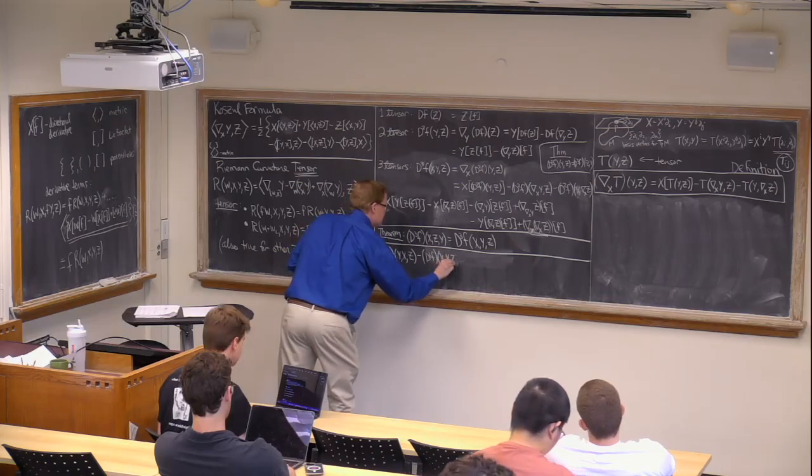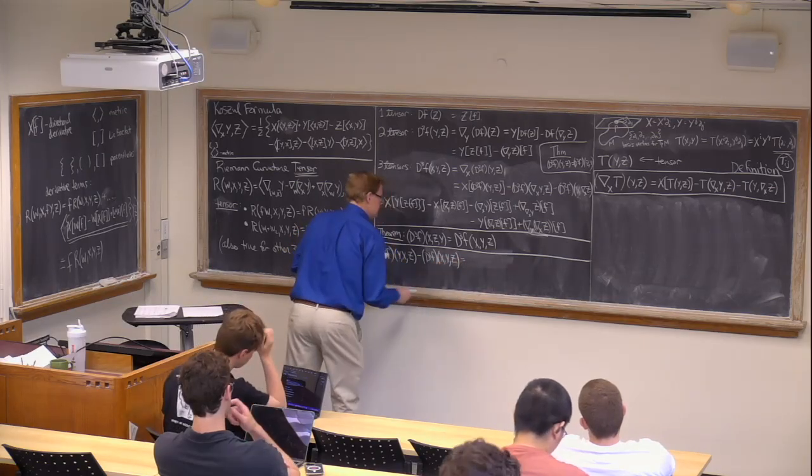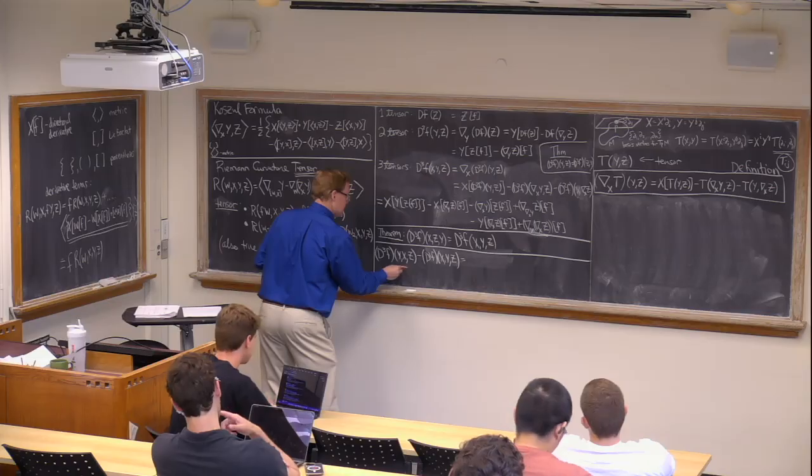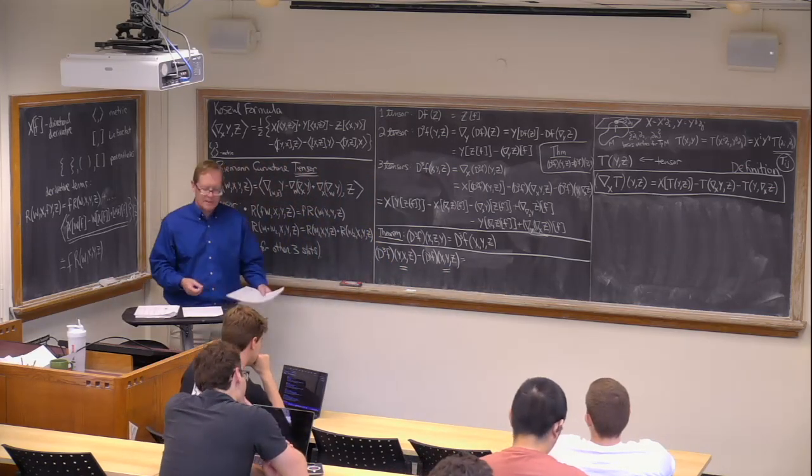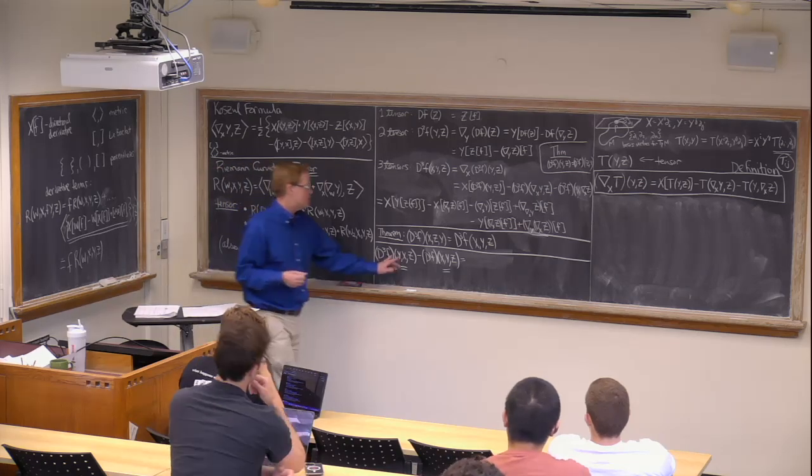Now, if it was 0, then that would be symmetric. So what we're doing is we're looking at switching the y and the x here, right? If that equals 0, that would be the statement that D3 is symmetric with switching the first two.